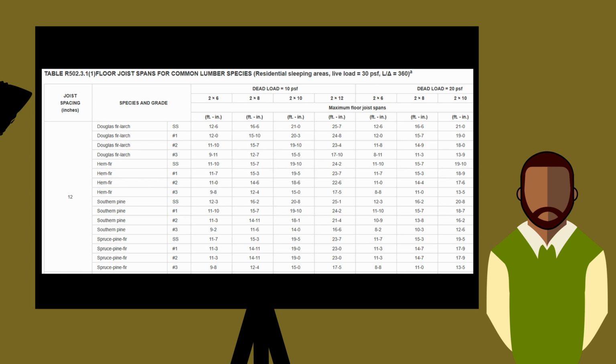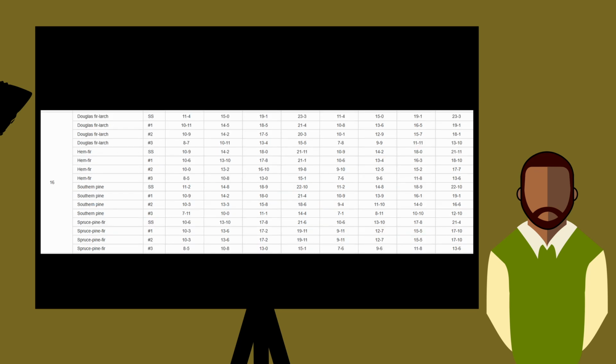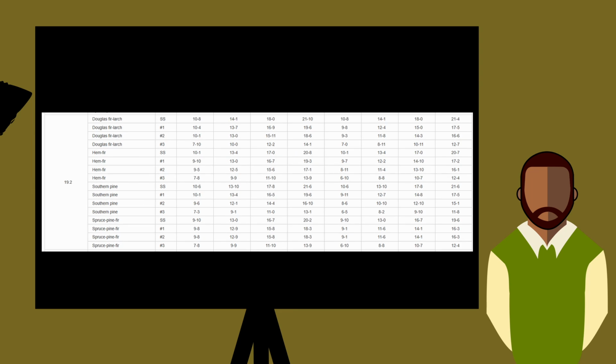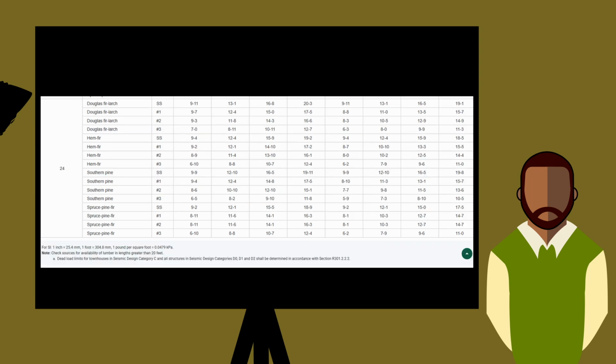And the IRC has these charts. If you have a sleeping load, then you can use the 30 PSF chart. If you're expecting more space, more usage of the space by more people, then you're going to use the 40 PSF.